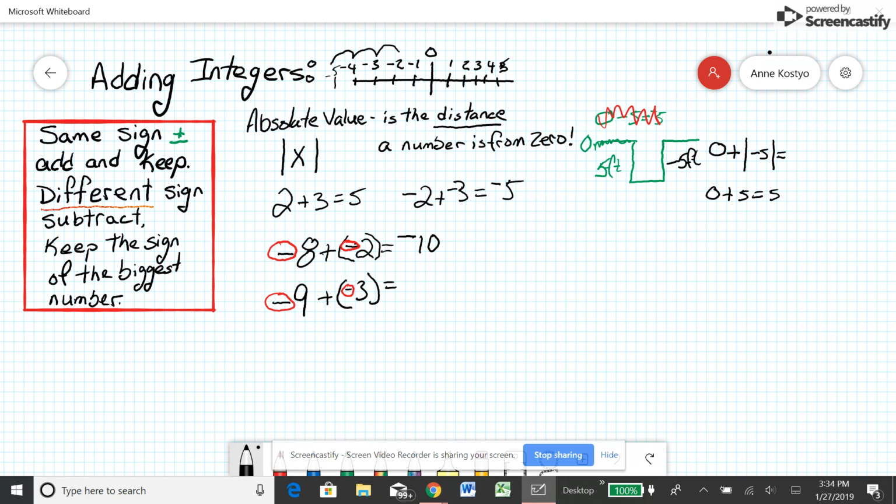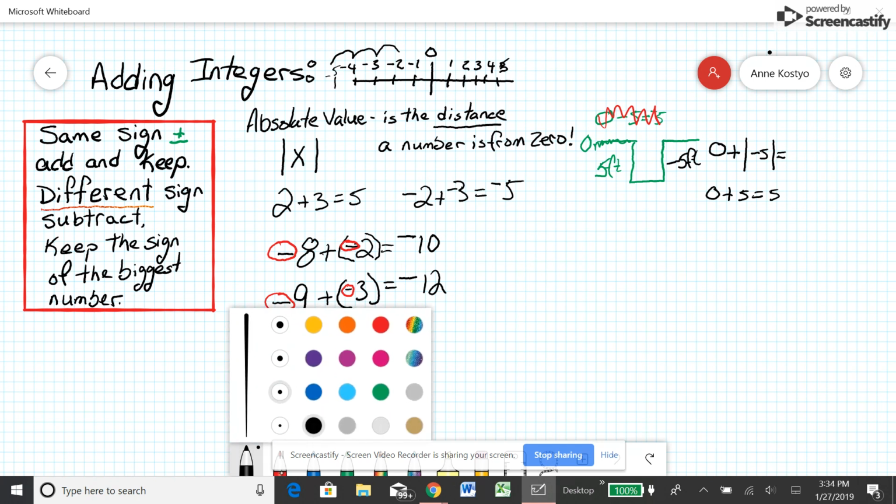We've had this before, so we know the sign of the answer will be negative. And we know that 9 plus 3 is 12. Okay, so we've tackled the same sign. But what happens if we have different signs? So let's take a look at an example with that.